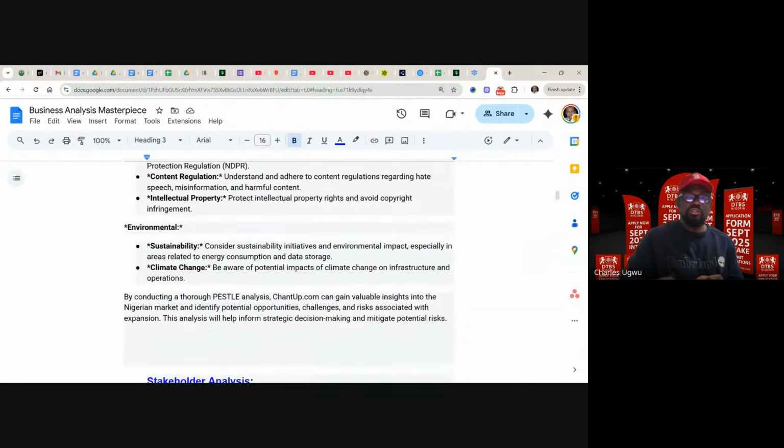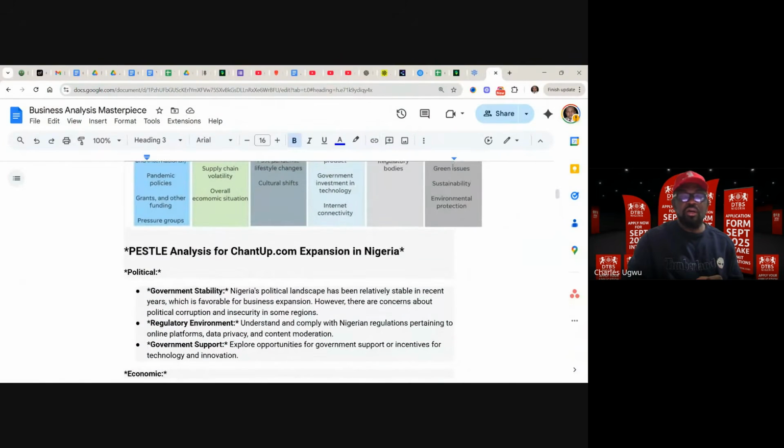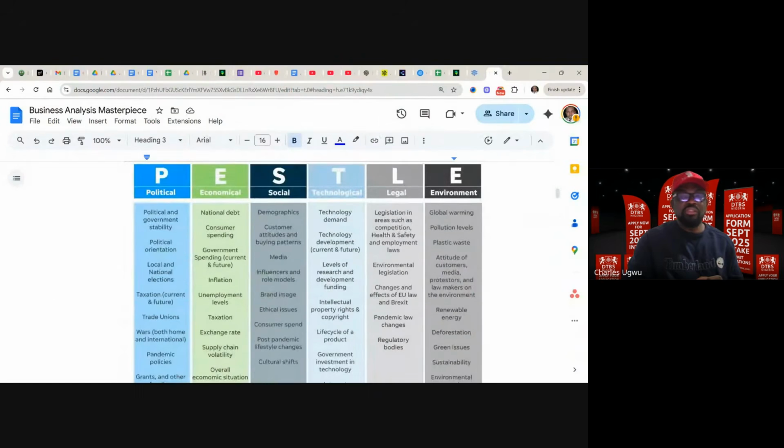So if you have a question on this PESTLE analysis, if you do not understand what it means, it's a technique to help you understand the market environment, factor by factor, step by step.